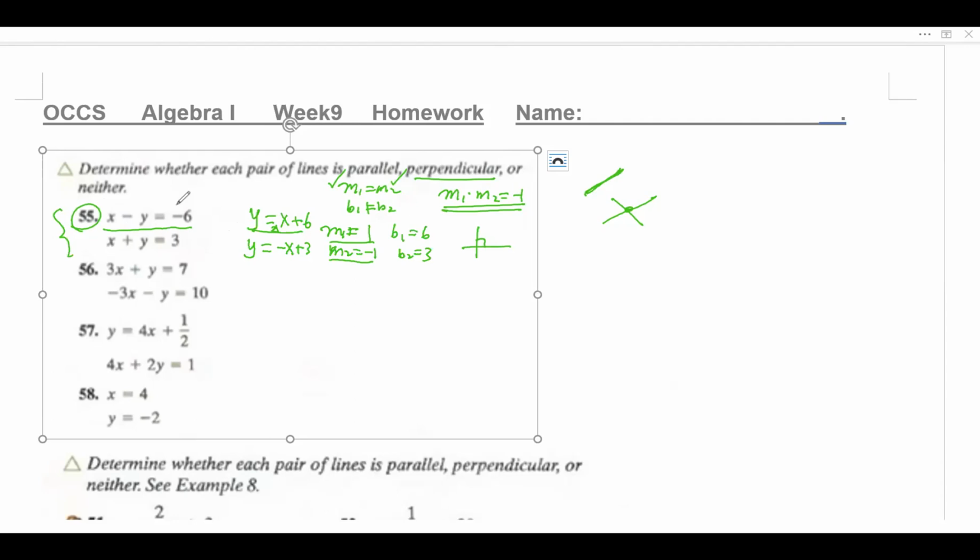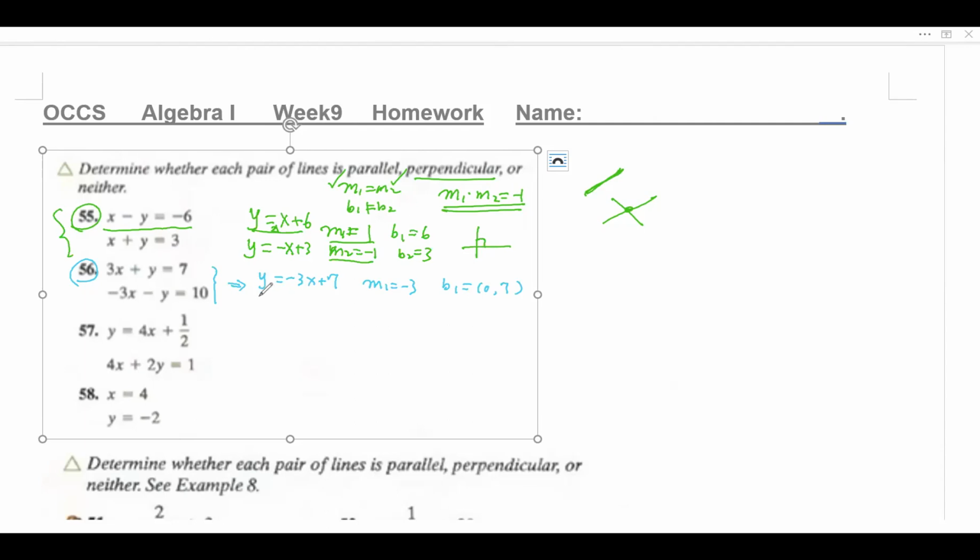All right, let's see next, 56. We do a proper transform first, so y equals -3x plus 7. So the slope is -3 and the y-intercept is (0, 7), right?